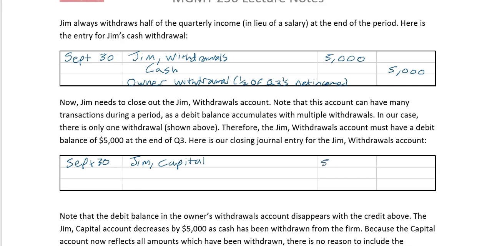What we do is we just take the withdrawals account and directly debit the capital account to recognize that 5,000 equity has been taken out of the business.